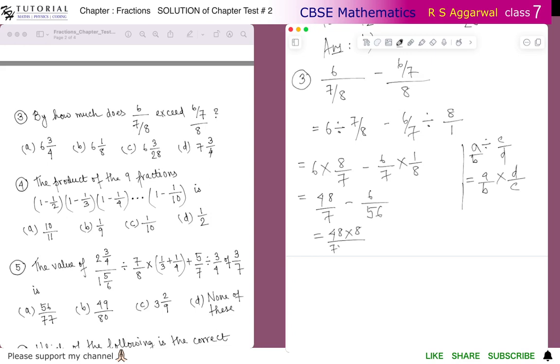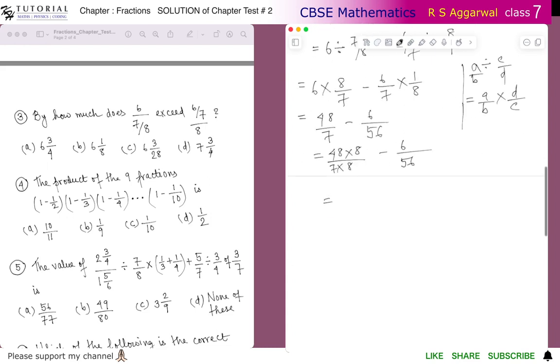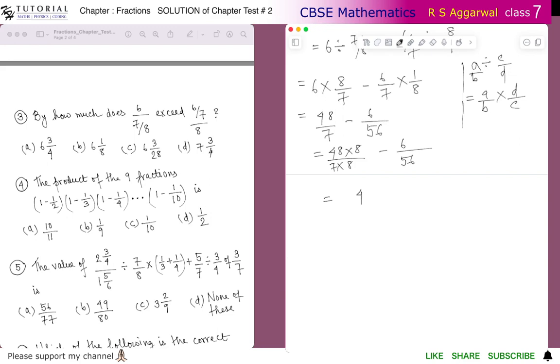Now its equivalent fraction becomes 48 into 8, so this becomes 384 upon 56 minus 6 by 56. This is subtraction. We have the same denominator now, so it becomes 378 by 56.